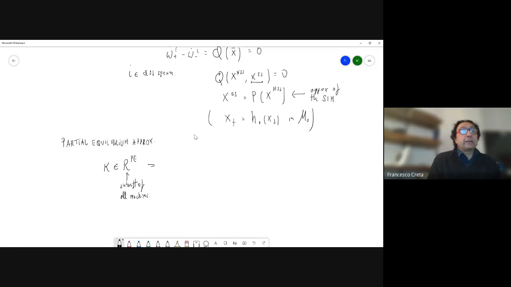So we can say that for each of those, the forward and the backward rates equilibrate. And these are your essentially set of constraints.